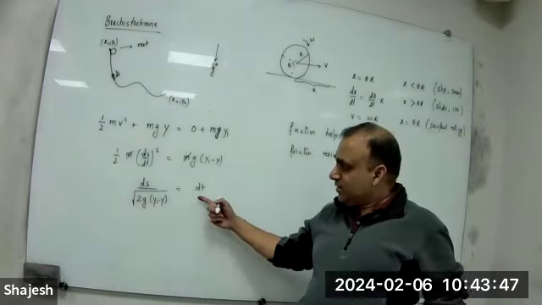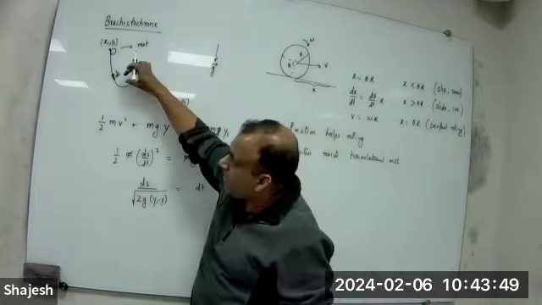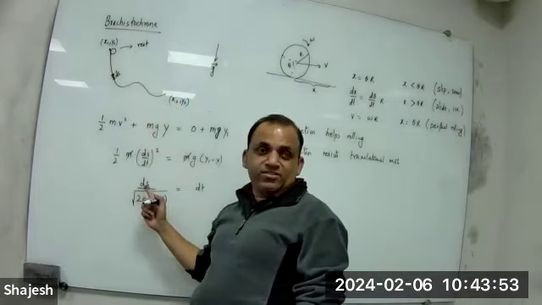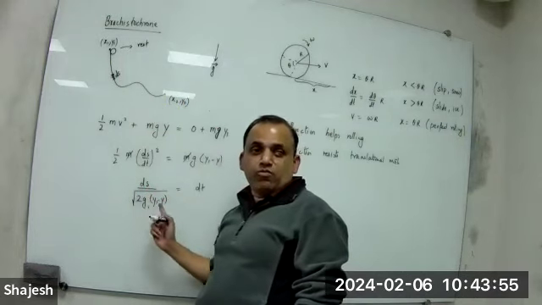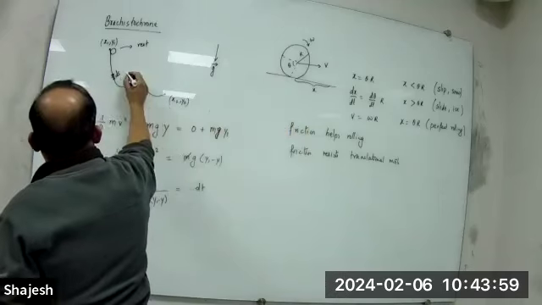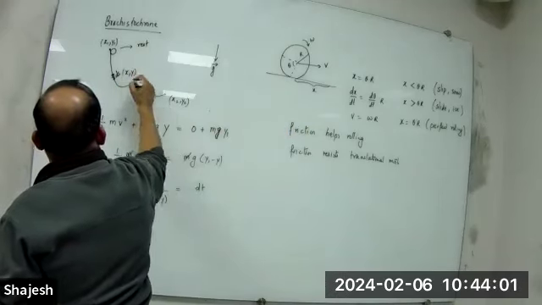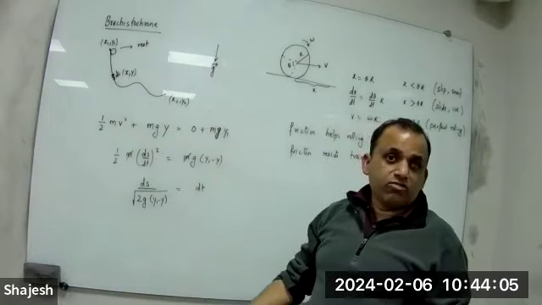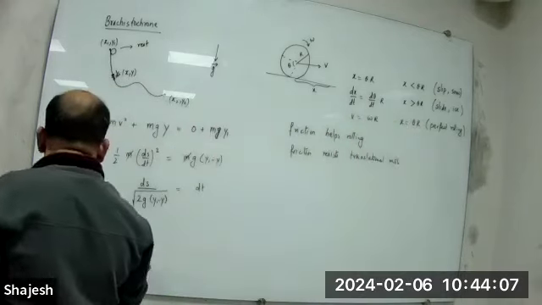The time taken to travel this tiny distance is the tiny distance ds divided by the square root of 2g(y1 minus y), where y is the coordinate of this point, x, y, with endpoints x1 y1 and x2 y2. So the total time will be, just integrate, right?